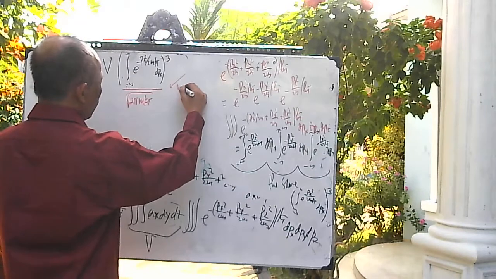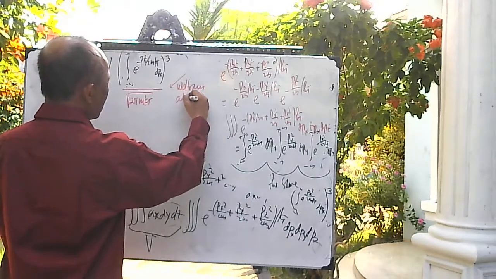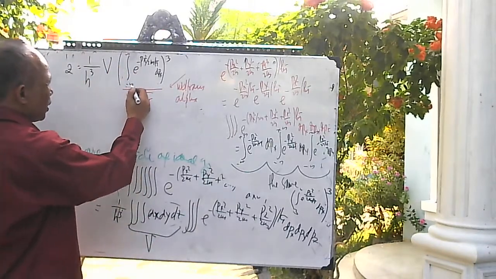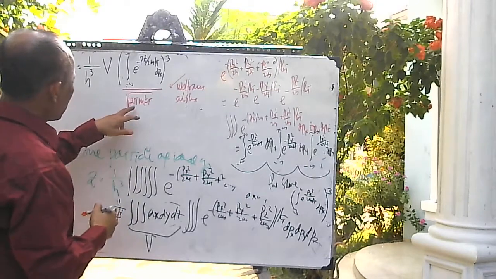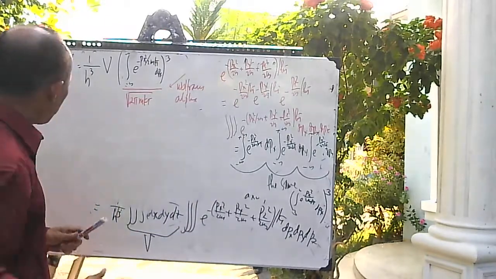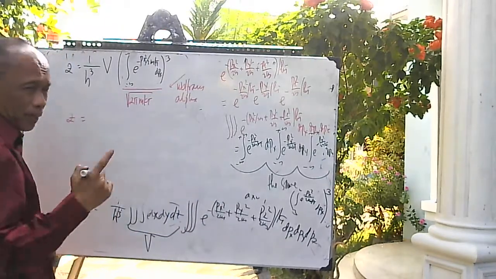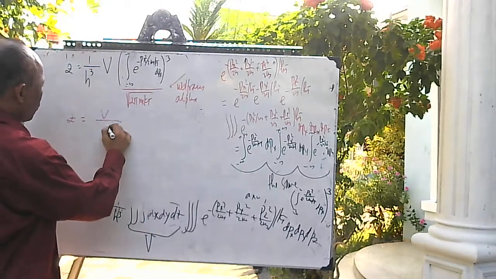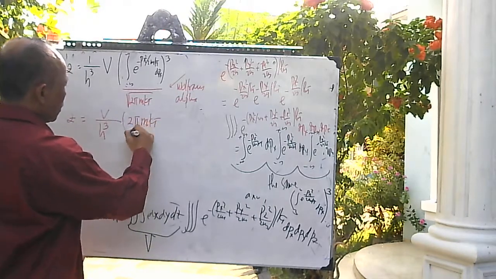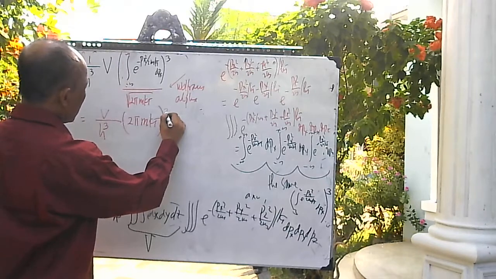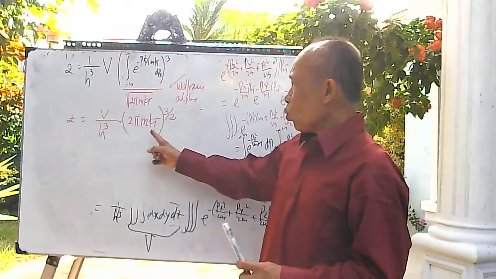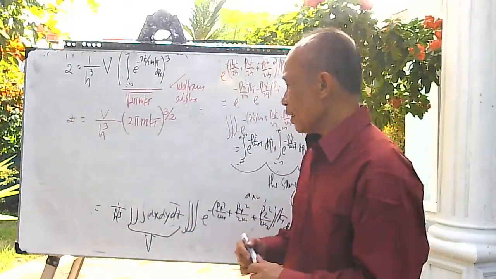Please use Wolfram Alpha to calculate this integral. The result from minus infinity to infinity is the square root of 2 pi m kT. So the partition function of one particle in an ideal gas becomes V over h to the power 3, times 2 pi m kT, to the power 3 over 2. This is the partition function of one particle inside the ideal gas.